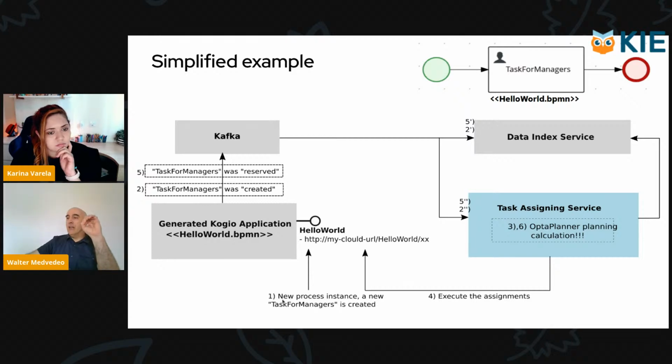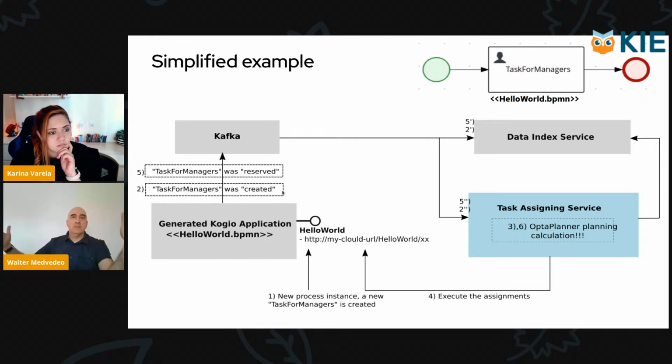When we create a new process instance by using the proper endpoint, of course, the process will create a new instance of this task because that's the process definition. Thanks to the integration of Kogito with Kafka, we will produce a cloud event. This is something also that you can use optionally in Kogito.